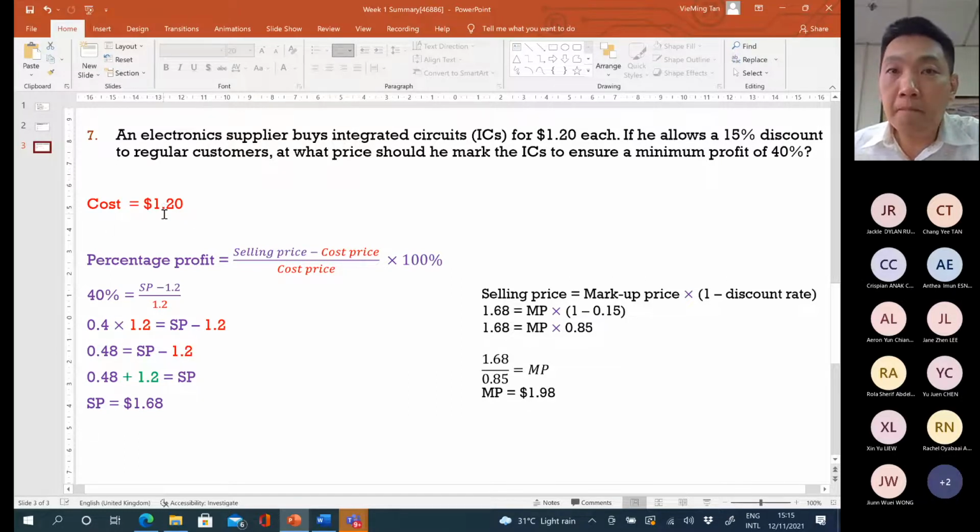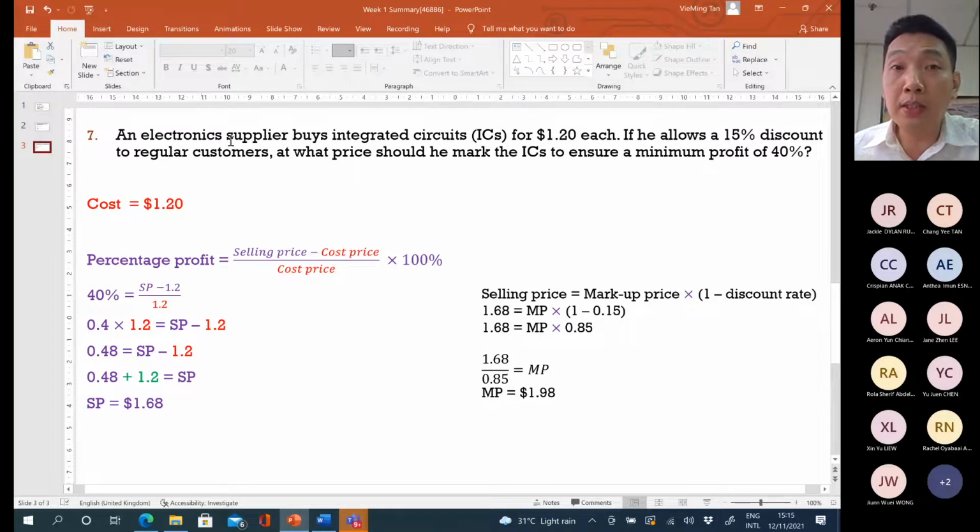Okay, next sentence. If he allows a 15% discount to regular customers, that means that he would like to sell these ICs to customers, and then he would like to give 15% discount to the regular customer. So that means that this electronic supplier actually is a retailer.